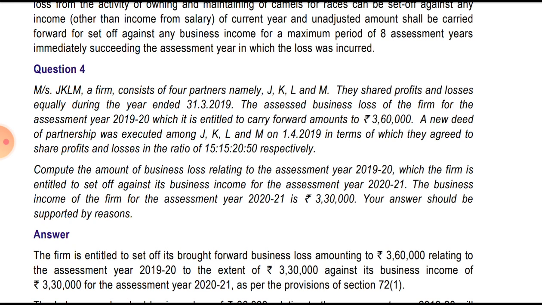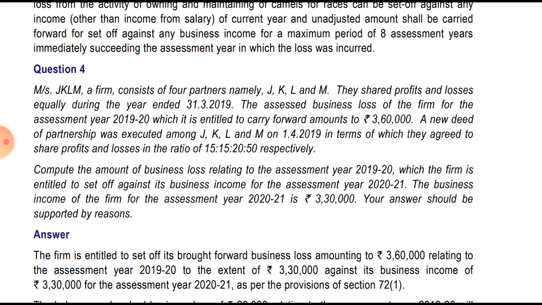The assessed business loss of the firm for the assessment year 2019-20, which is entitled to carry forward, is 3,60,000 rupees. A new deed of the partnership was executed among JKLM on 1/4/2019, in terms of which they agreed to share the profit and loss in the ratio of 15, 15, 20, 50 respectively. Compute the amount of any business loss relating to the assessment year 2019-20.